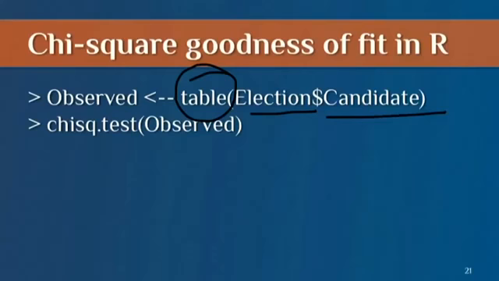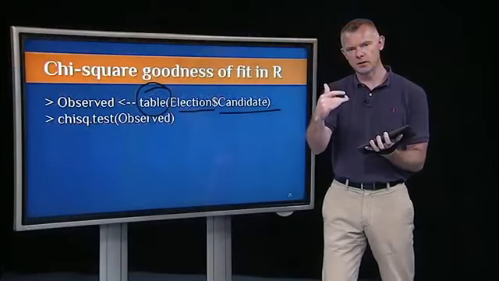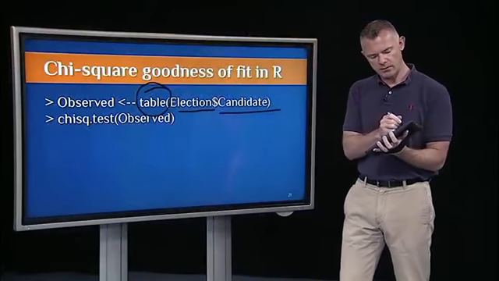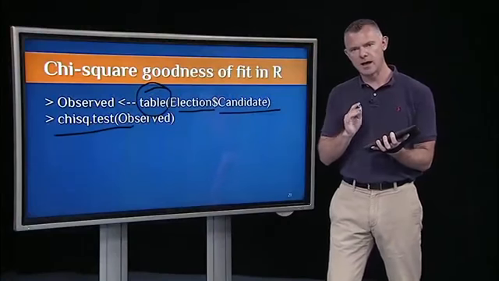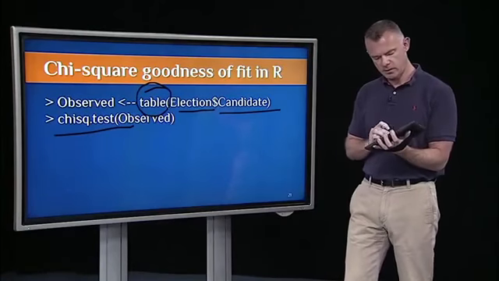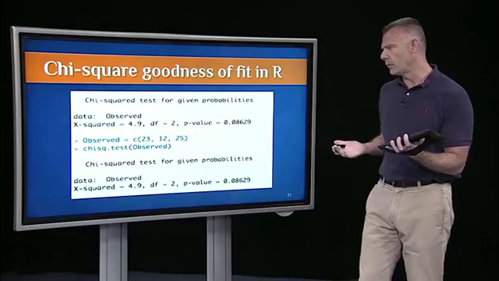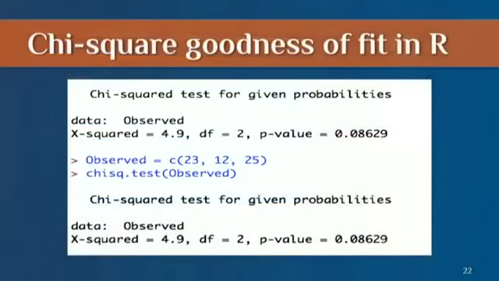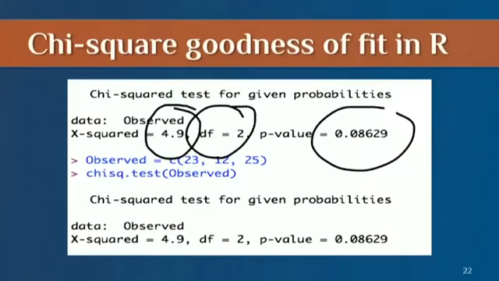If I put those into a table, call those my observed, and then run the chi-square test function on observed, I would get the following output. And this matches exactly what we got for our calculations. The chi-square is 4.9, degrees of freedom is 2, and the p-value is 0.086, rounded up to 0.09, which is what I got in my hand calculations.